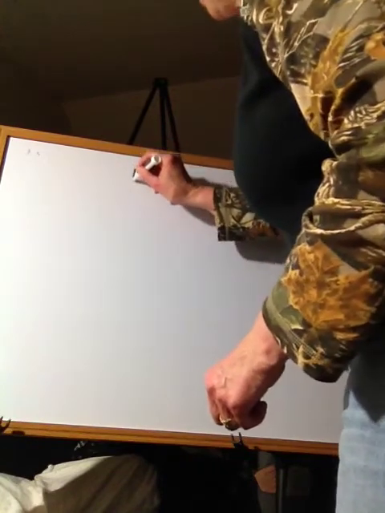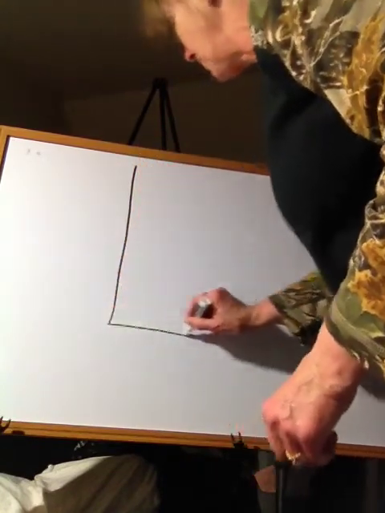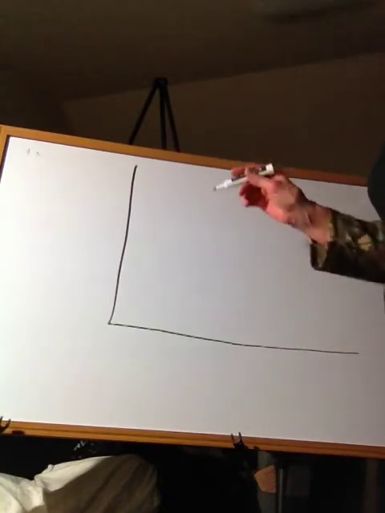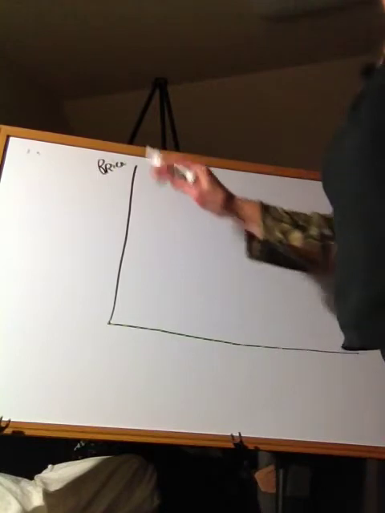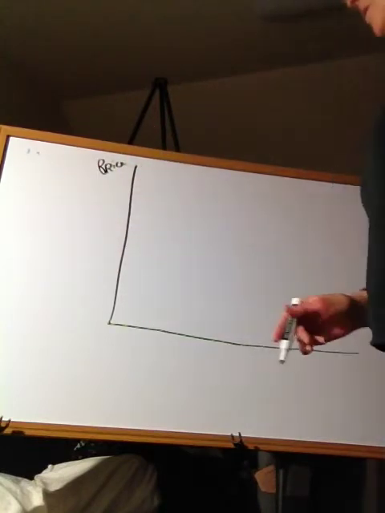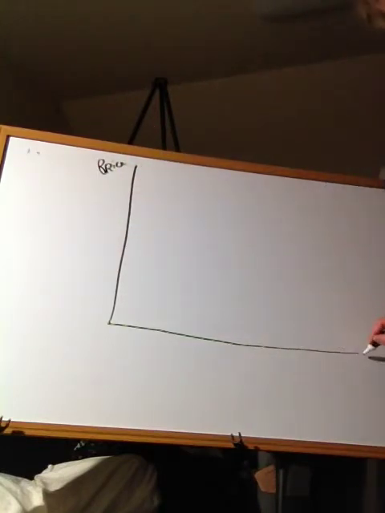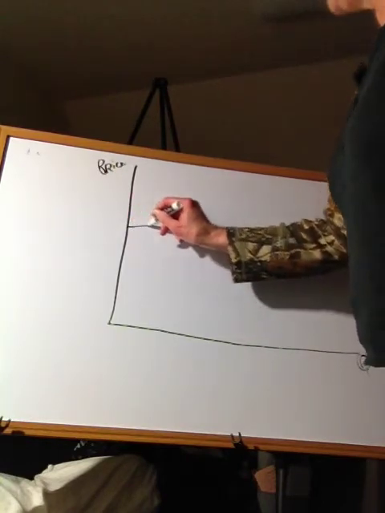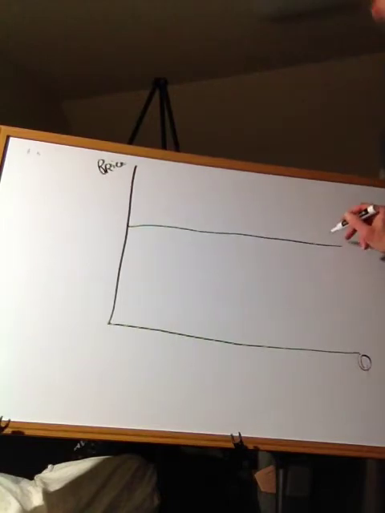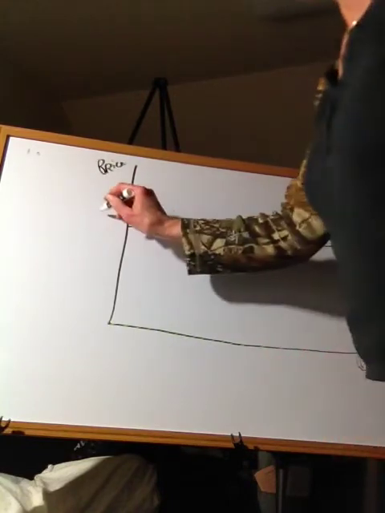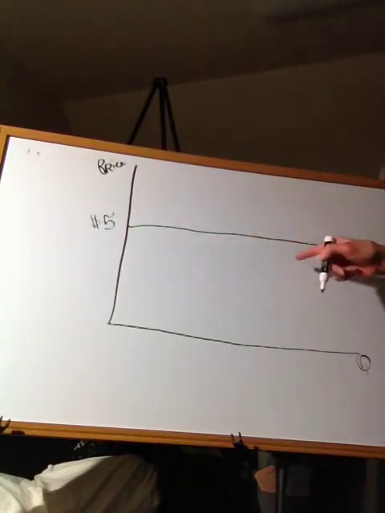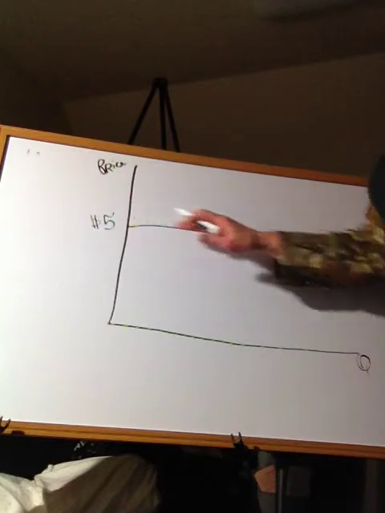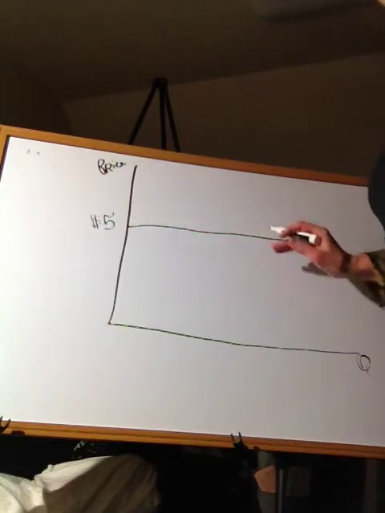So we're going to start off by just looking at the individual producer and drawing his situation. Here's the price that he would receive for possible prices for his product, like corn. And this would be the quantity of corn that he could possibly sell. Now, we're going to put a horizontal line there that's going to indicate his price. So we'll just come up with a price and say $5. So if the price is $5, then this not only represents his price line, but it also represents his demand curve.